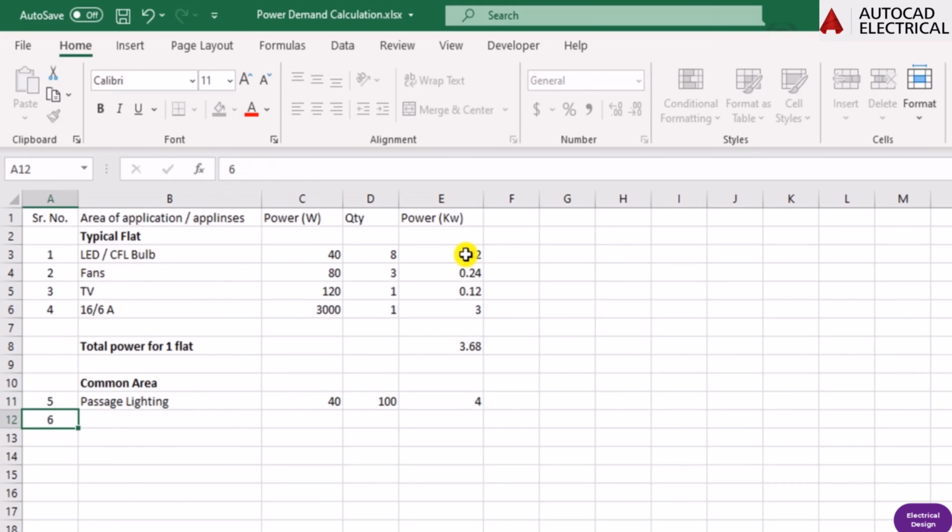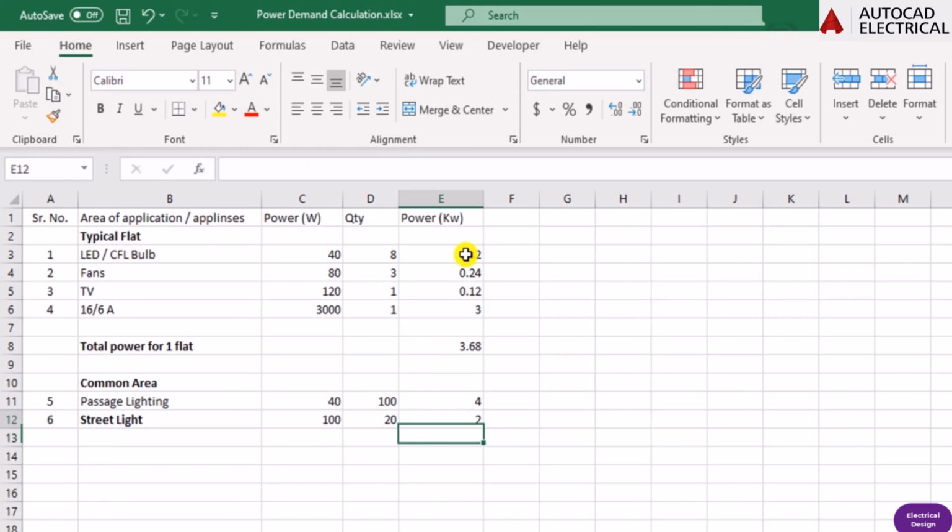Then I need to calculate the street light, or the compound light. For example, each street light bulb gives 100 watts. The total quantity is around 20 numbers, so it will automatically come to 2 kilowatts required for the street light.